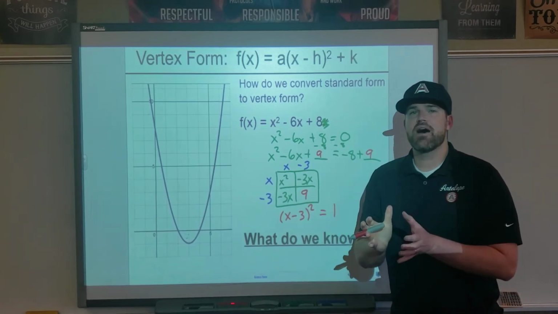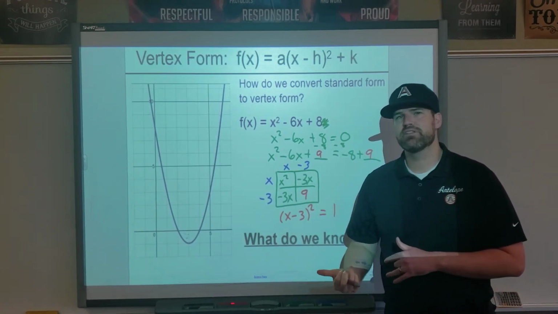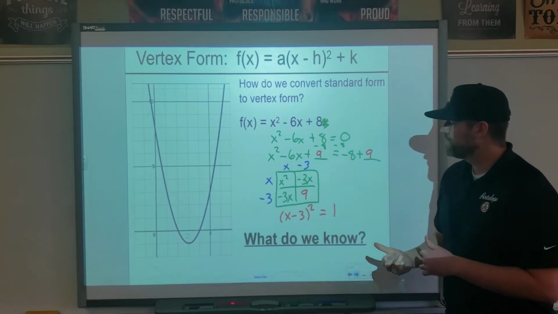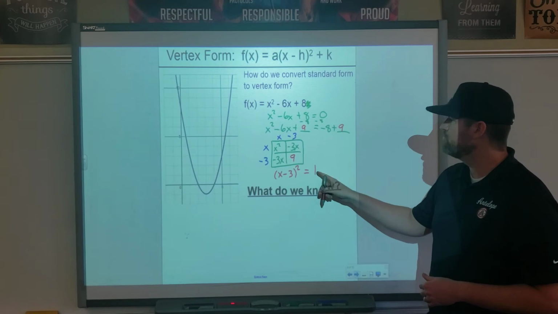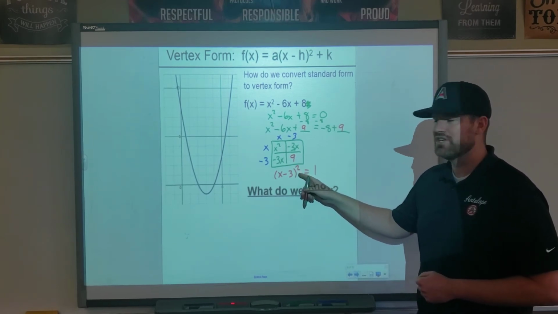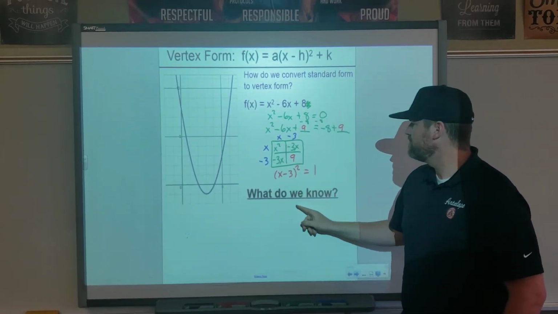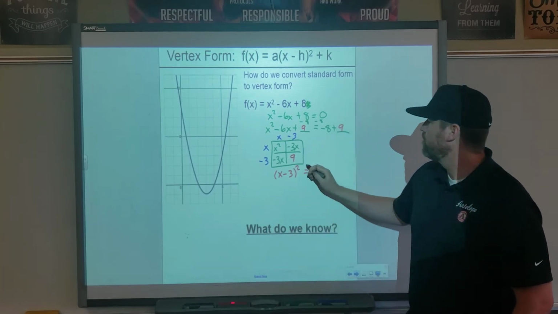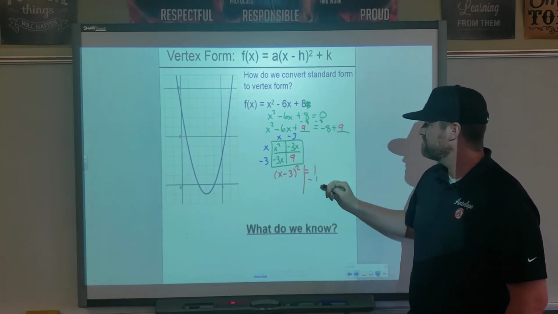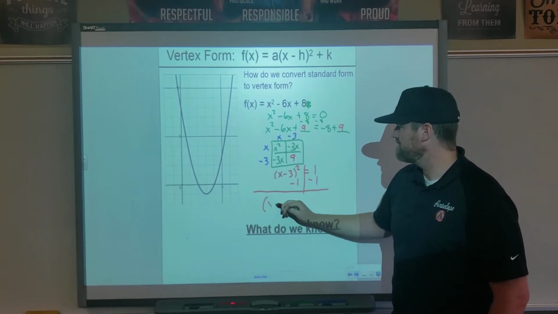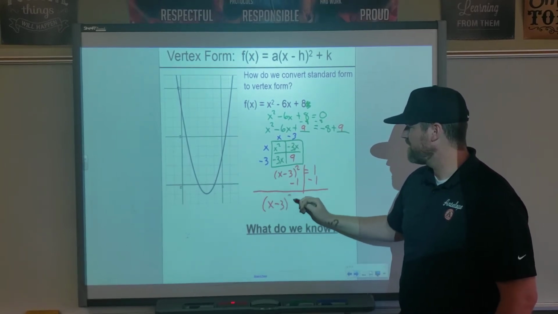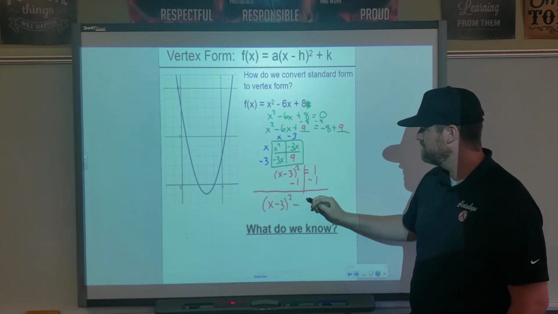Now here's where we stop completing the square for when we want to put something into vertex form. To put it into vertex form, the last thing that we need to do is actually move this value back over to the left side. So if I want to move the 1 back over here, I just have to subtract it from both sides, and I end up getting (x minus 3) squared minus 1.